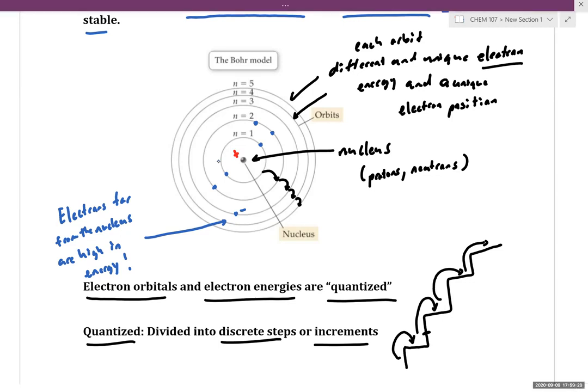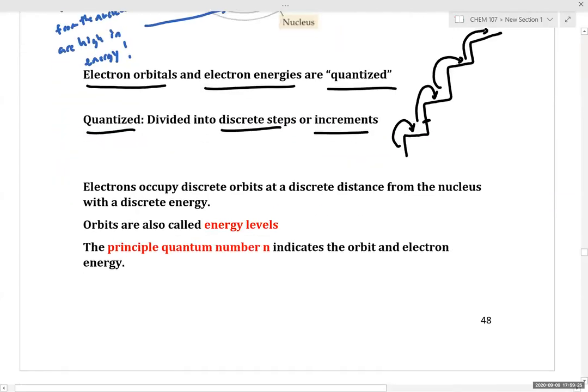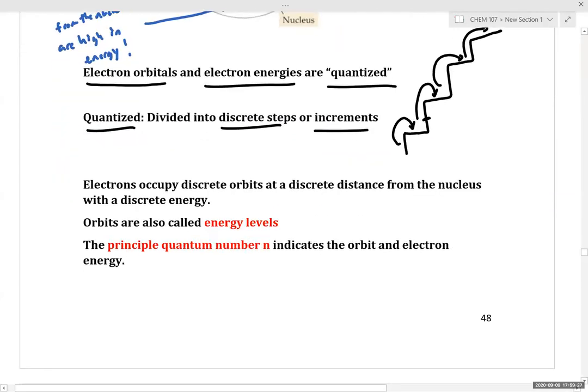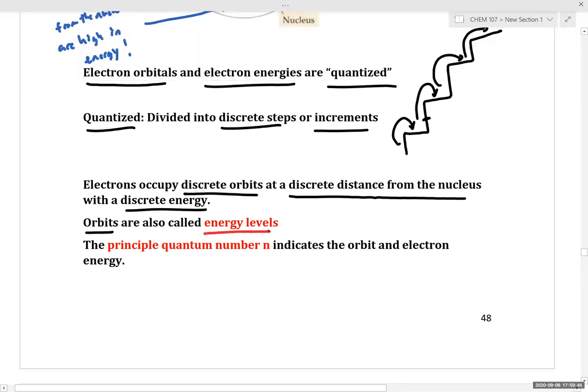So let's talk a little bit about the Bohr model in terms of how we can describe the electron. As electrons occupy discrete orbits at a discrete distance from the nucleus with a discrete energy, we call these orbits energy levels. And the principal quantum number n describes the orbit.